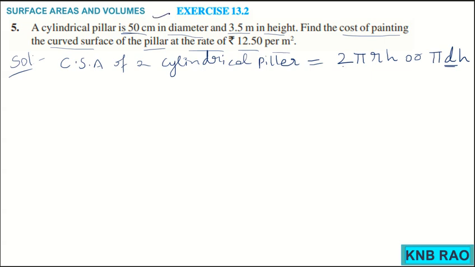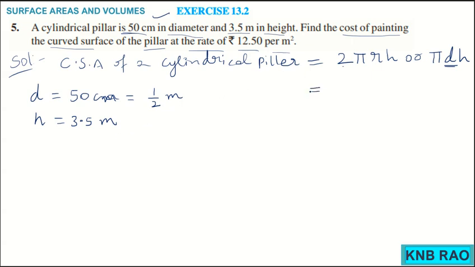Since diameter is given as 50 centimeter, we better convert both diameter and height into the same units, either centimeters into meters or meters into centimeters. Here I prefer converting 50 centimeter as half a meter.